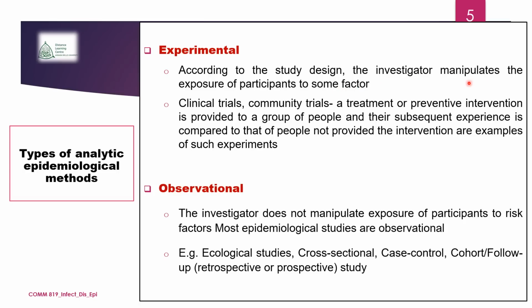In any experiment where you manipulate one factor to see the effect on another, you call it experimental. Examples are clinical trials or community trials, where a particular treatment or preventive intervention is provided to a group of people and their subsequent experience is compared to that of people not provided the intervention.